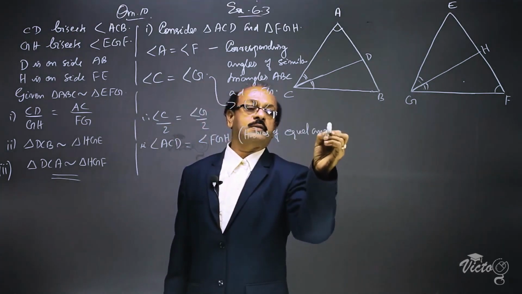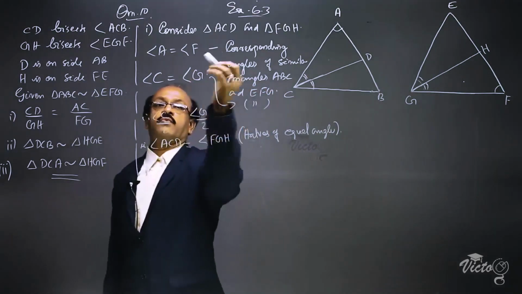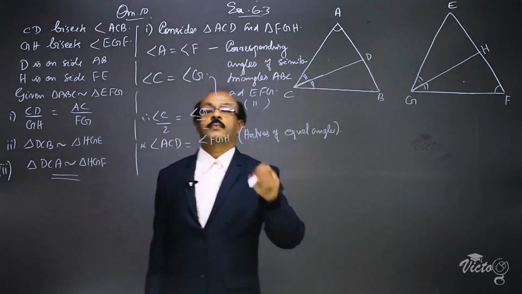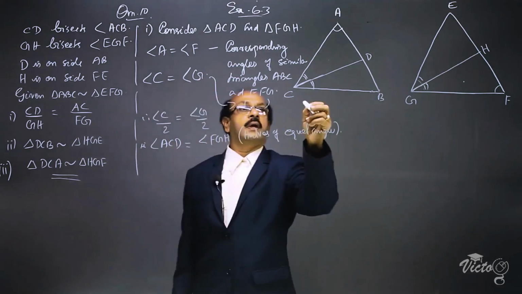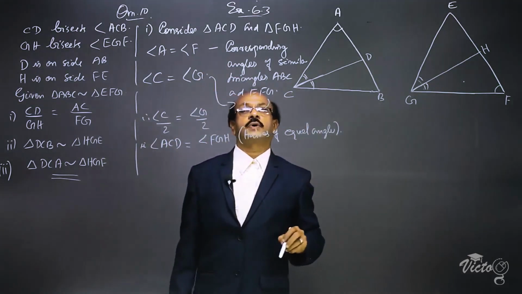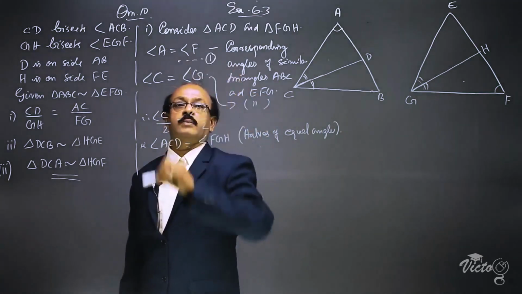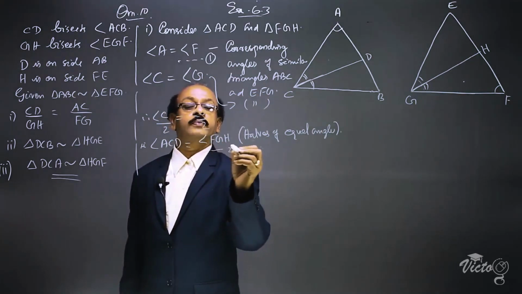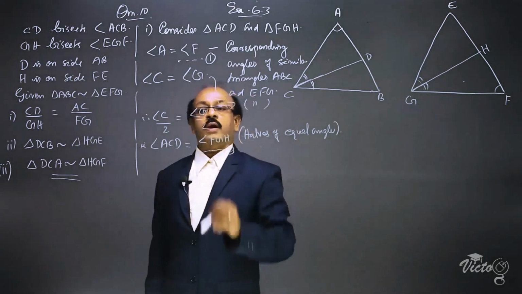These two equalities, we are naming this as equation number 1, A is equal to F, corresponding angles, and this is equation number 2.